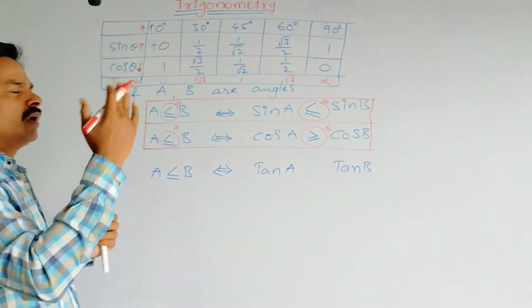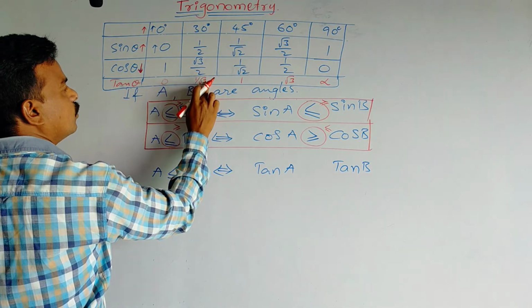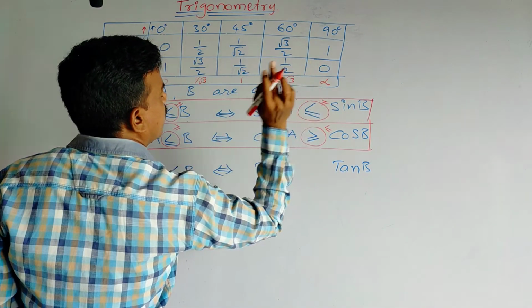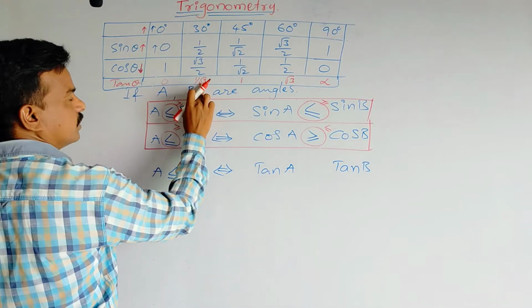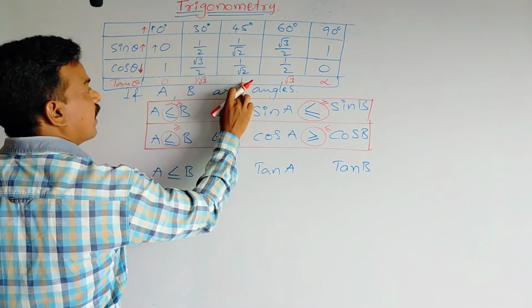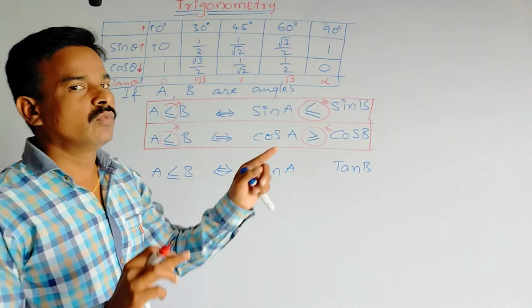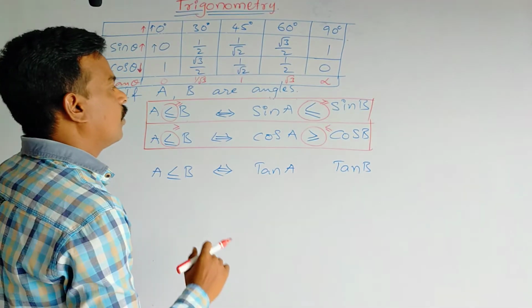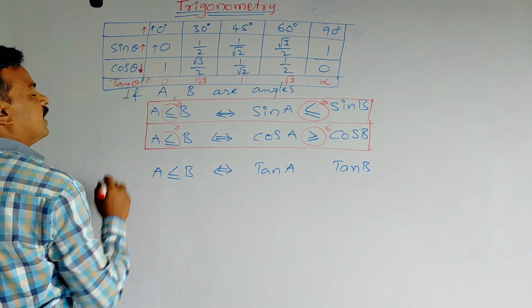Infinity means a very large value. So now we have to see these values: 0, 1 by root 3, 1, root 3, and infinity. So 0 is less than 1 by root 3, 1 by root 3 is less than 1, and 1 is less than root 3, because the root 3 value is 1 point something. It is more than 1. So this value is also increasing.